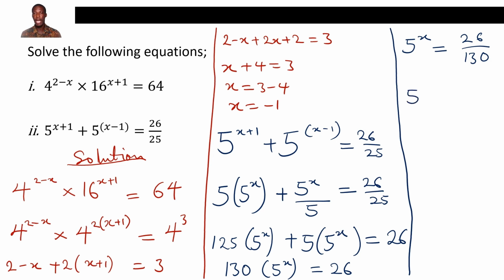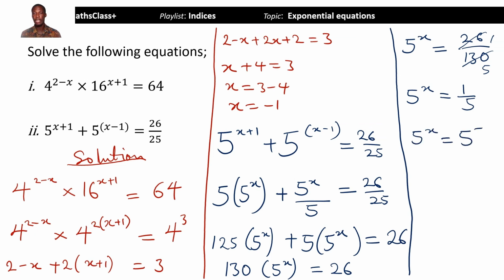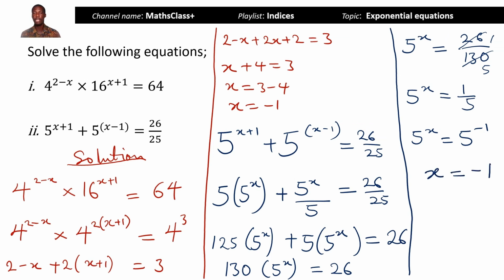So 5 to the power x is equal to, now 26 goes into itself once, goes into 130 five times, giving me 1 over 5. And this can be written as 5 to the power x is equal to 5 to the power negative 1. That means x is equal to negative 1. And that is it as required.